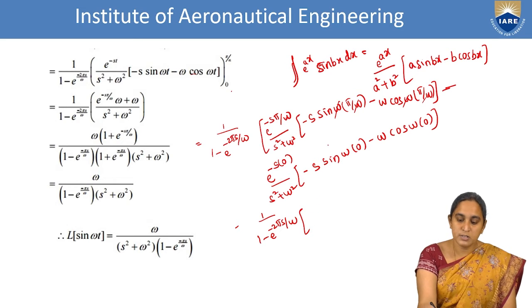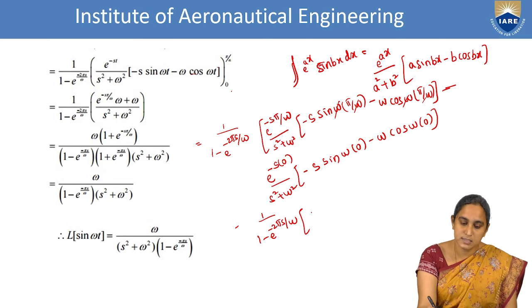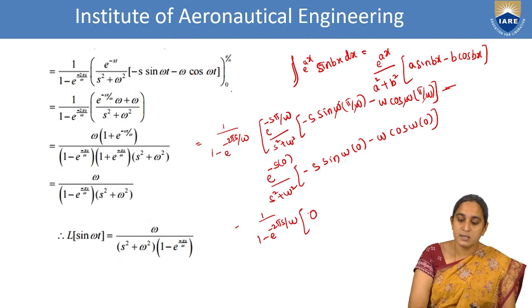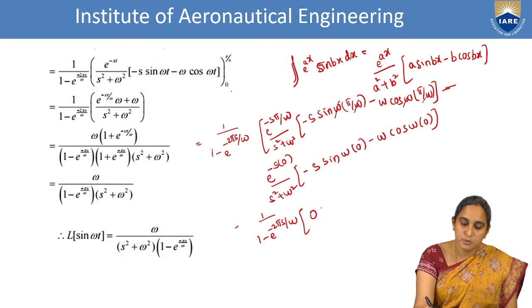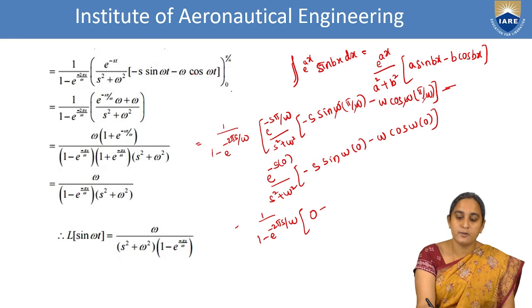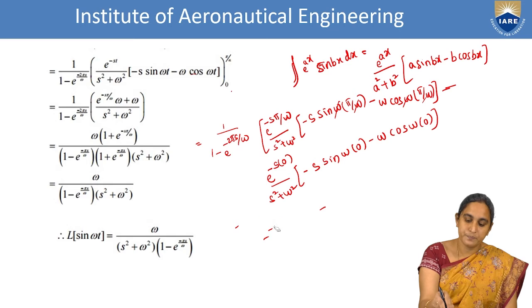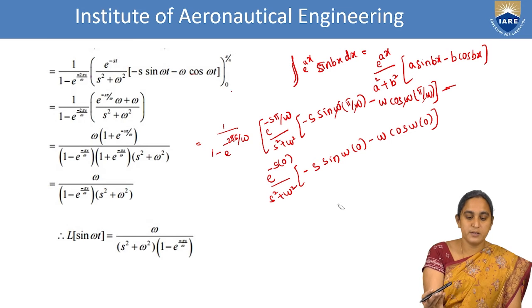Once you observe, sine pi value, how much? Sine pi is 0. And what about minus of cos pi? Cos pi value is minus 1. Directly I'm explaining here.